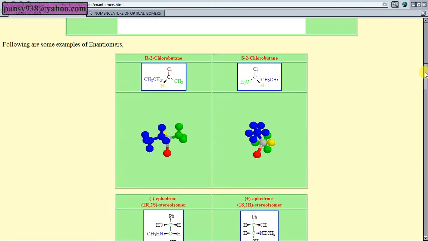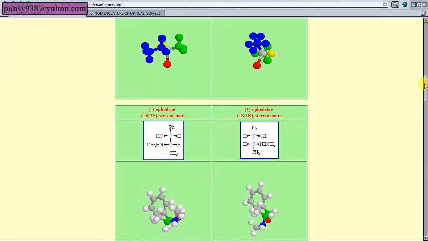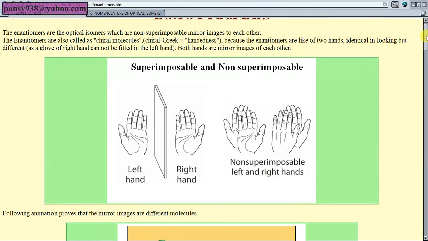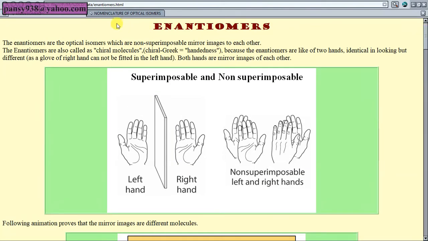Even more than one chiral center can be represented by more R and S. So today we are going to see what this means.